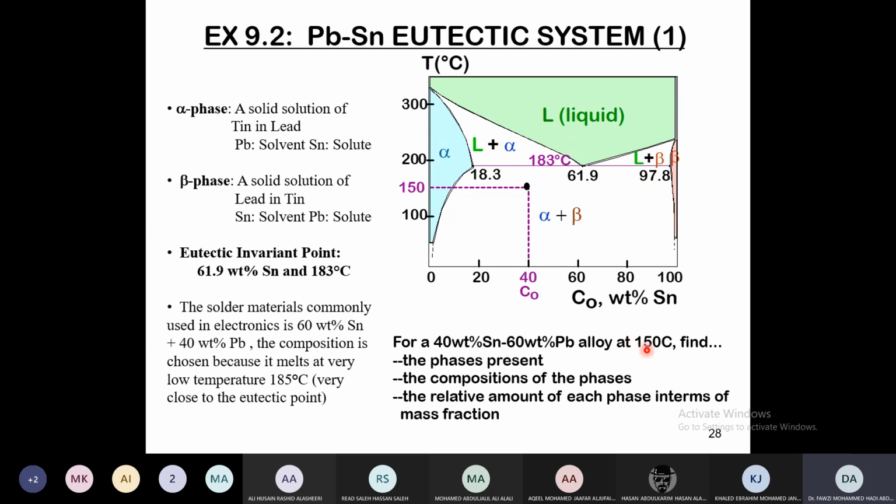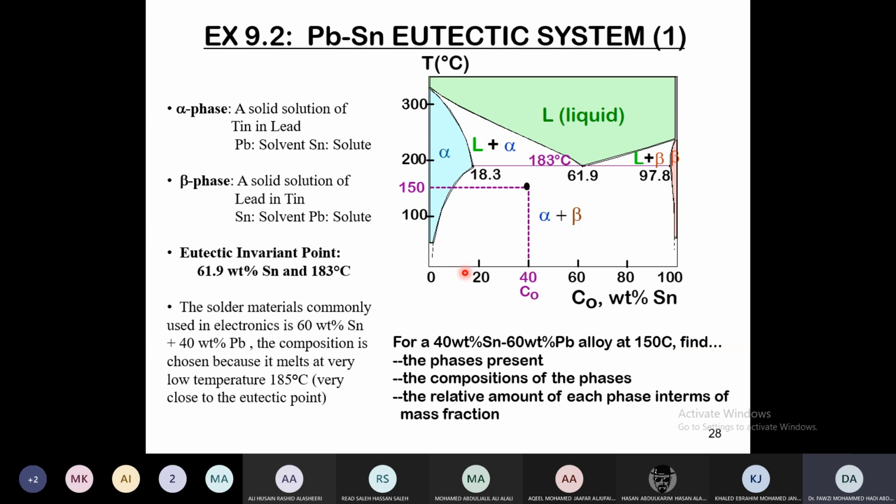And if we were at 150 degrees centigrade, find the phases present, the compositions of each phase, the relative amounts of each phase in terms of mass fraction, which is the proportion. So we will go to the phase diagram basically at 40% by weight tin and at 150 degrees centigrade.